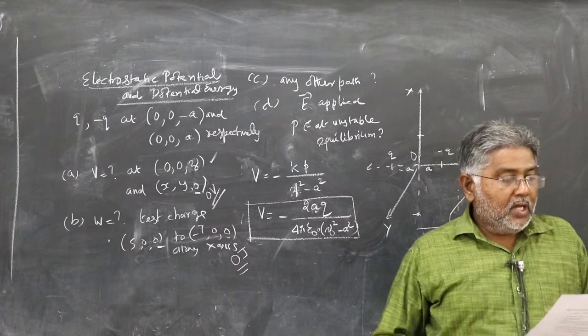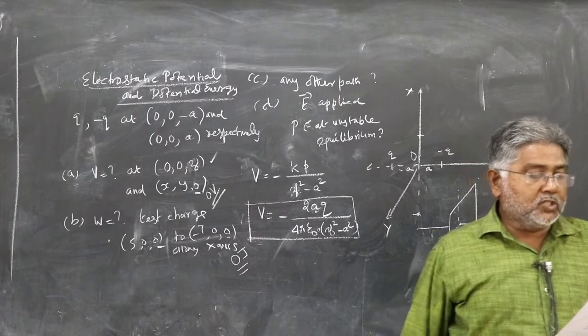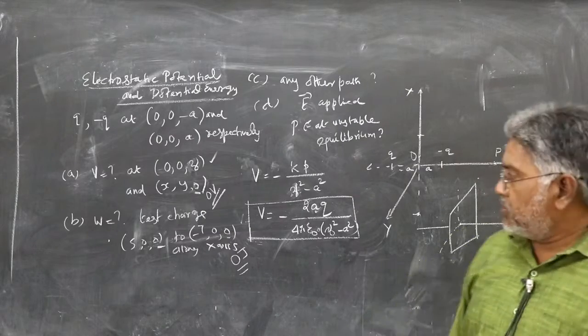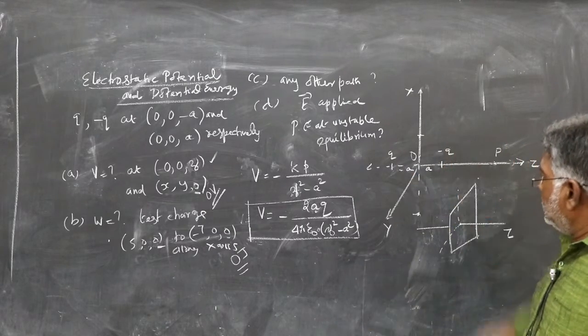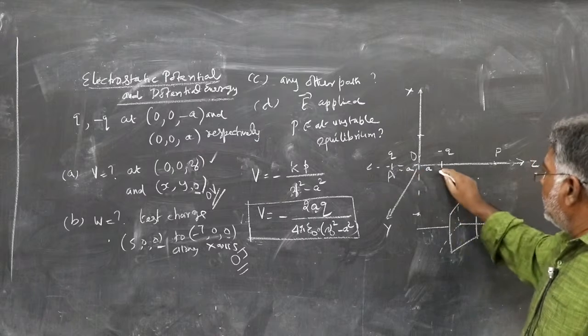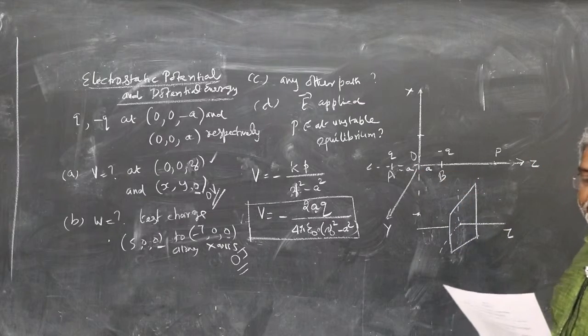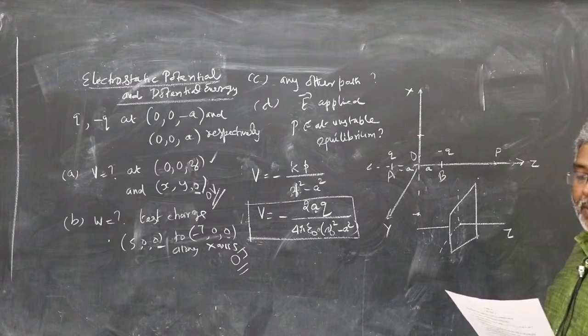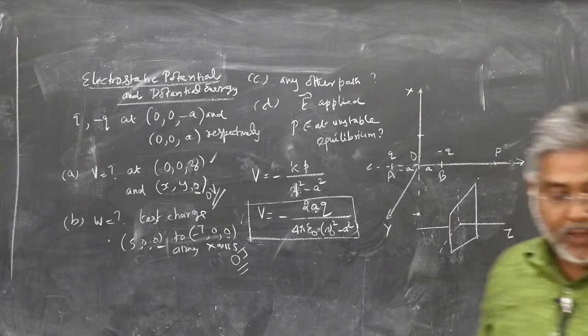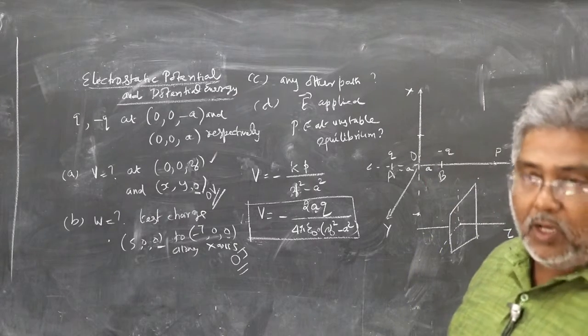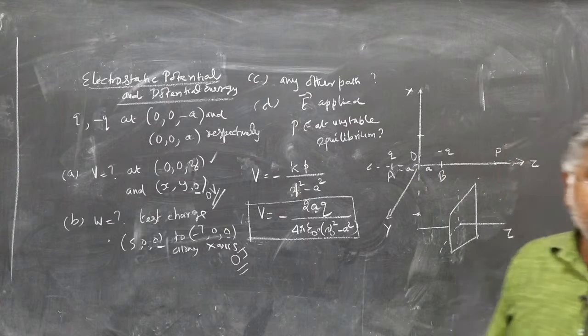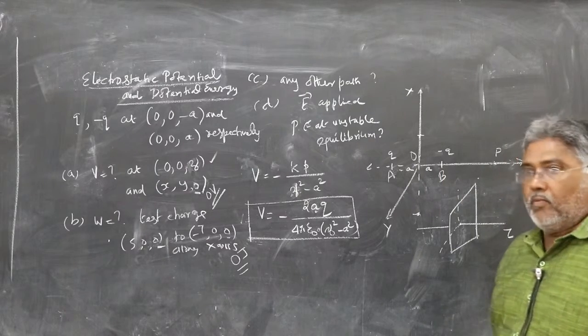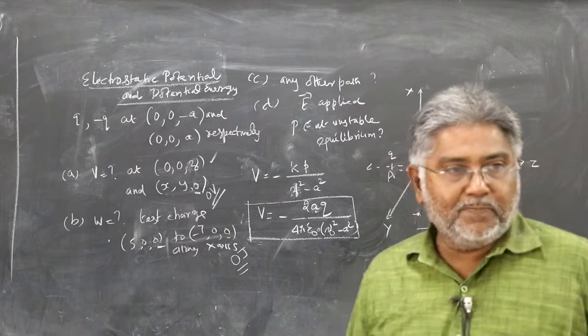Then, if the above point charges are now placed in the same positions, say at A and B, but you apply an electric field such that it produces a case of unstable equilibrium, what will be the potential energy?